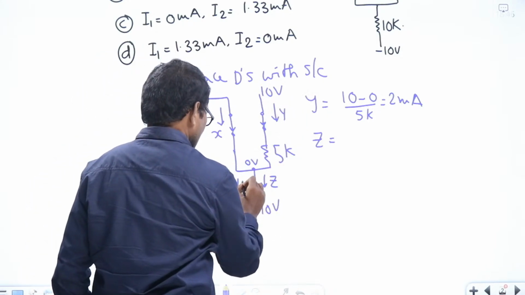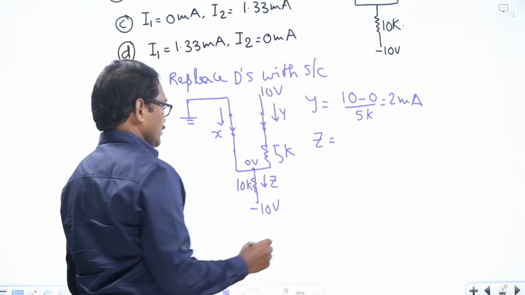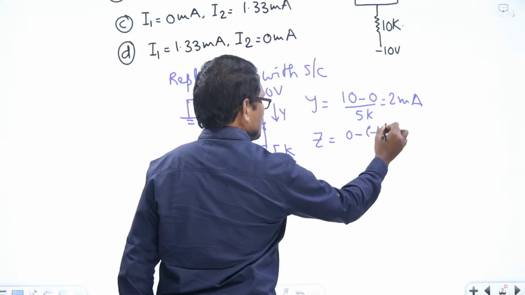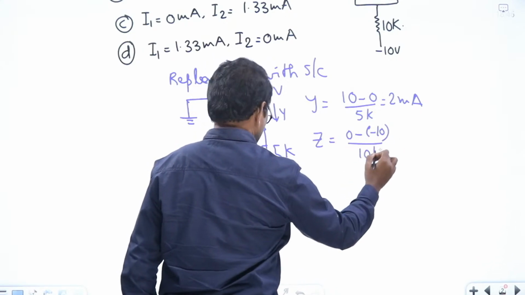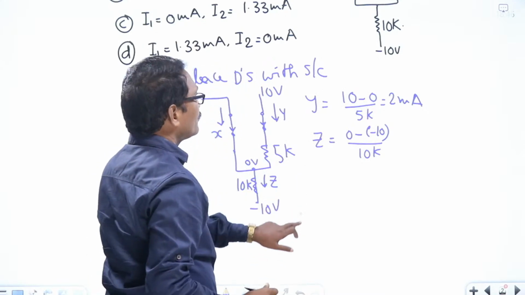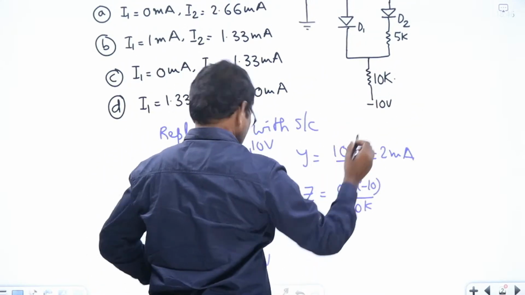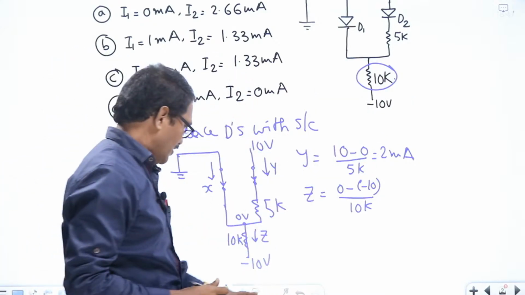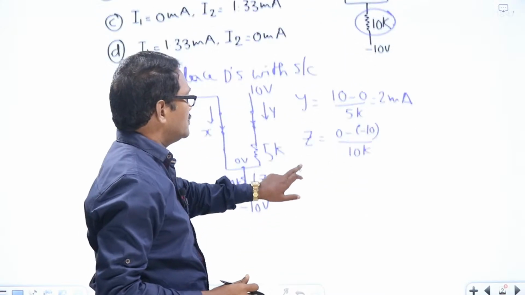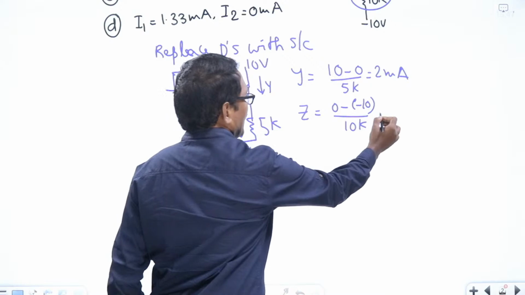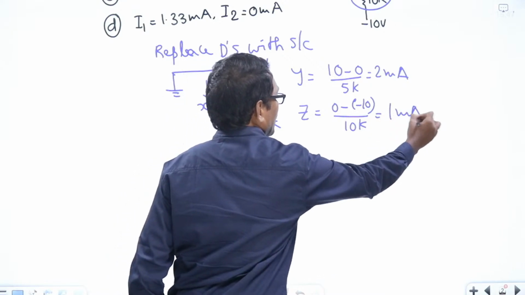This is 10k. Here I'm showing this resistance. So Z is equal to 0 minus of minus 10 by 10k, that is 1 milliampere.